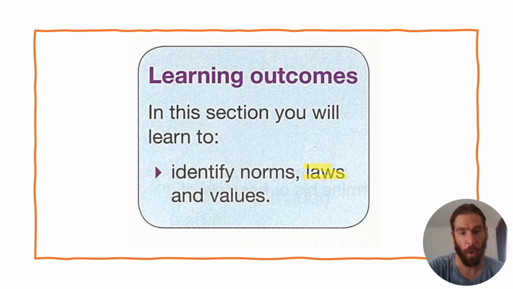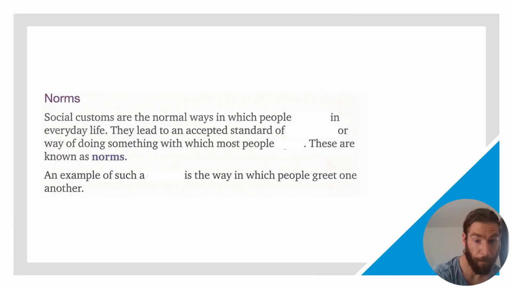So in this section, you will learn to look at norms, ideas and values, and you will be able to identify them. Identificar. Yes? Okay, we're going to look at norms.